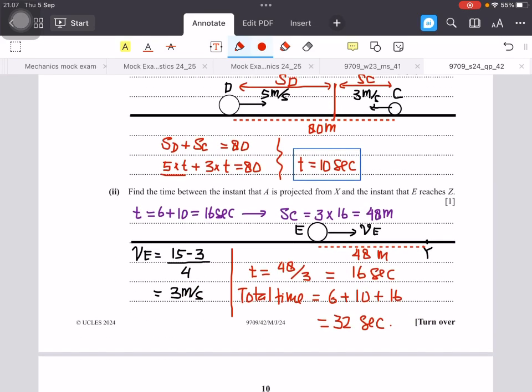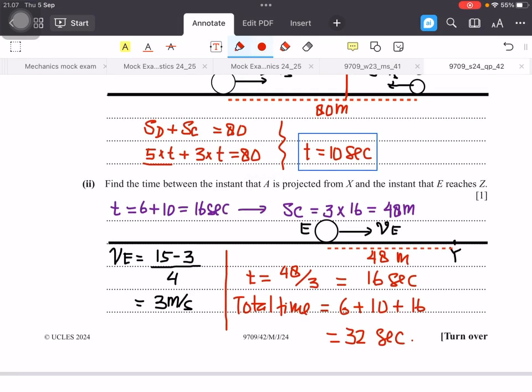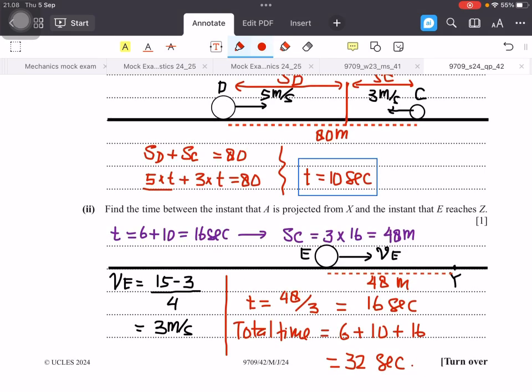And then find the time between the instant that A is projected from X and the instant that E reaches Z. So we know that the second collision occurred 16 seconds, which is 6 plus 10, 16 seconds after A was projected.